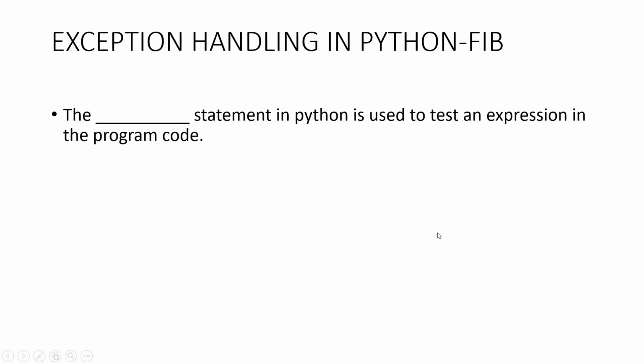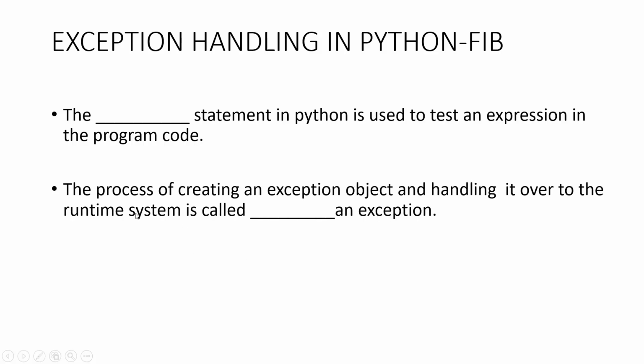Then the fill in the blanks question is like this. The dash statement in Python is used to test an expression in the program code. Now you need not recall what should be filled in these boxes because answers will be given. You have to pick the correct answer for this.